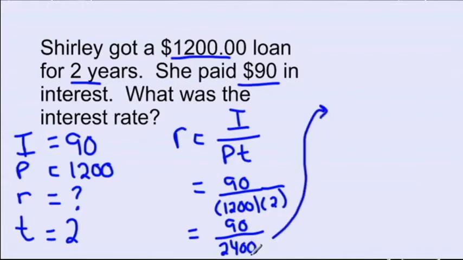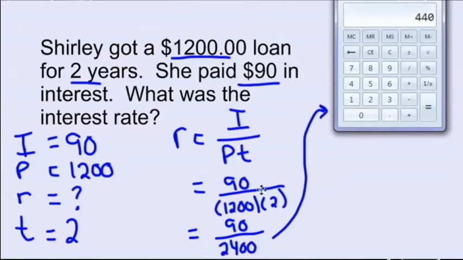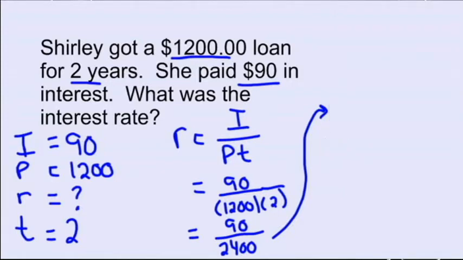And if I work that in my calculator, 90 divided by 2,400, I'm going to get 0.0375. Now that's the rate as a decimal.